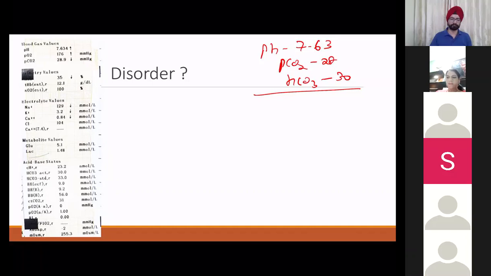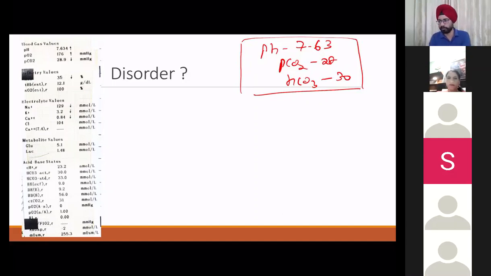Anyone? Okay, so Sachin says metabolic alkalosis. Anyone else? Does anyone differ from that answer?